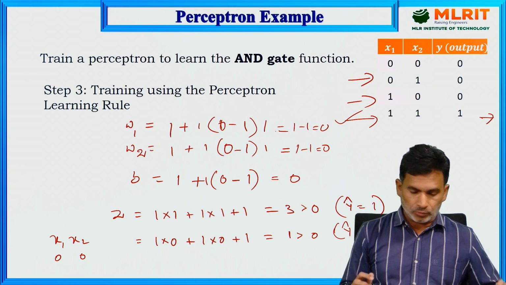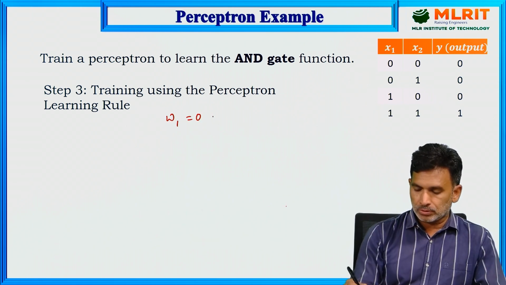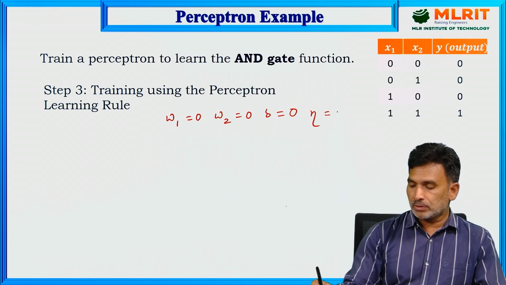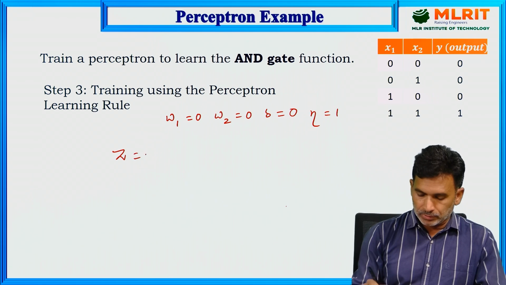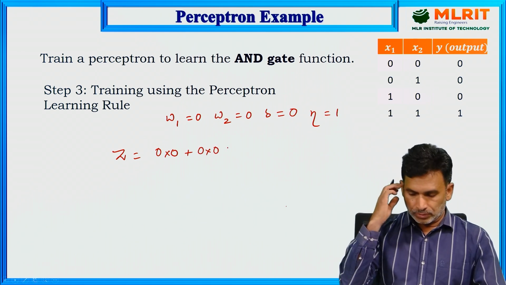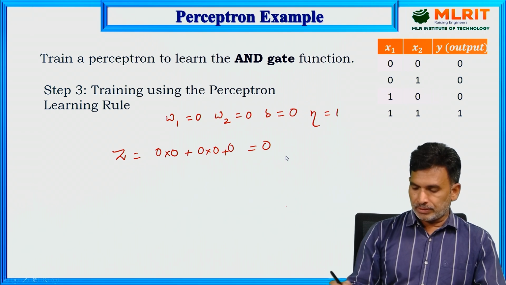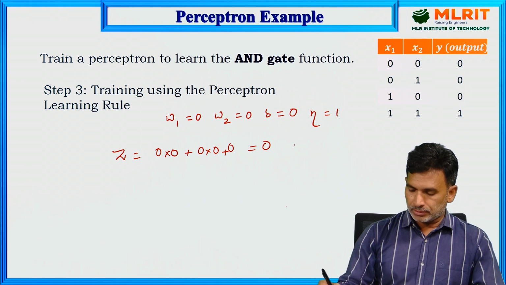So let us recheck it once. W1 equal to 0, W2 equal to 0, and bias equal to 0, and the learning rate equal to 1. Then we substitute the values in Z, that is W1 x1, so 0 times 0 plus 0 times 0 plus 0, that is equal to 0. So if 0 is less than or equal to 0, it has to produce the output 0.